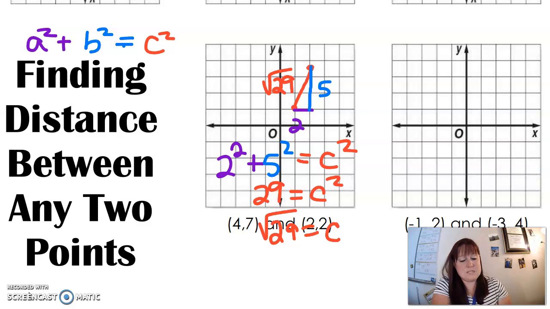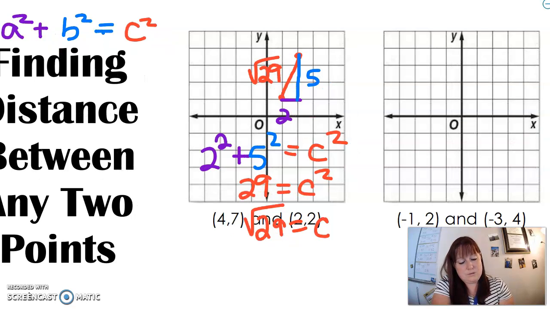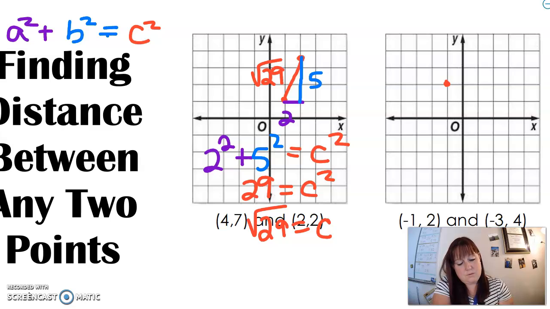What about these other ones? Negative 1, 2, negative 3, 4. Trying to find this distance. Well, remember, this just forms a triangle. We went over 2, then we went up 2. So we have 2 squared plus 2 squared equals c squared.